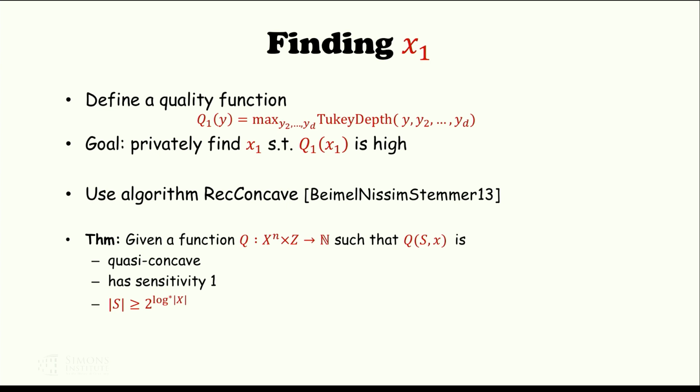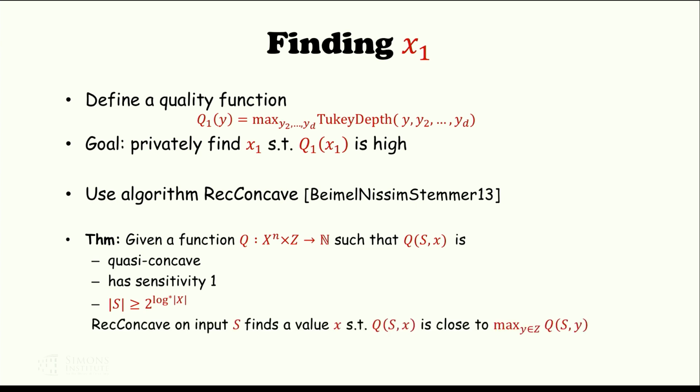This is where we lose this factor of 2 to the power of log star x. If we have such a function, then Concave on input s finds a value x such that q of s, x is close to the maximal possible value. And the exact sample complexity will depend on the amount of closeness that we require.